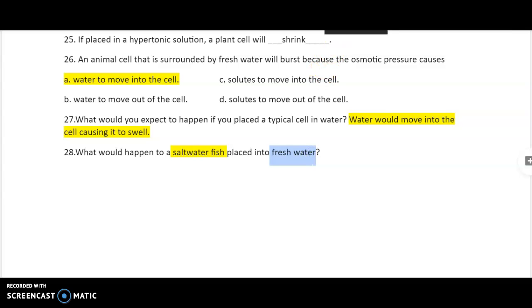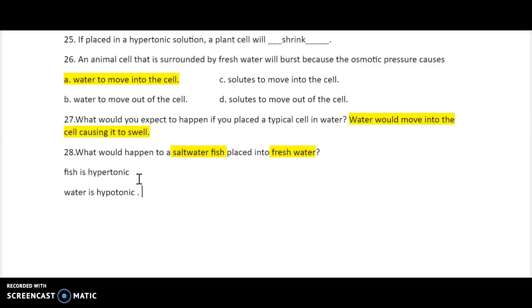So a saltwater fish would have a lot more solute particles in it than the fresh water. So our fish is hypertonic compared to the water, and the water is hypotonic compared to the fish. So the fish is in a hypotonic solution, a hypotonic environment.